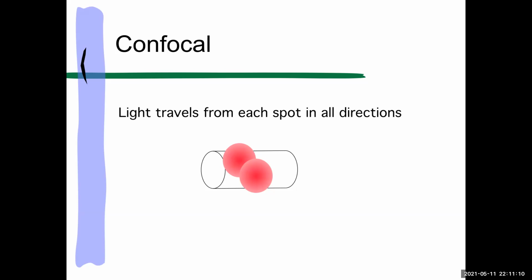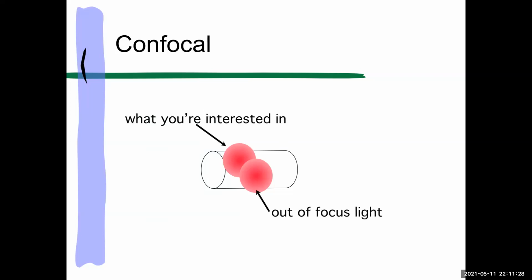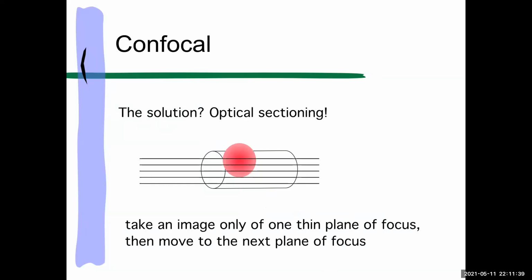So you maybe want to see the top spot, but you're going to also get light from the bottom spot, because if you broadly illuminated your sample, you're triggering multiple fluorophores, including ones that are out of focus. And then you're also collecting the light from the ones that are out of focus. And so let's say you were trying to see the top spot, but you're going to also get some info from everything else that's out of focus that you've managed to excite and has undergone fluorescence.